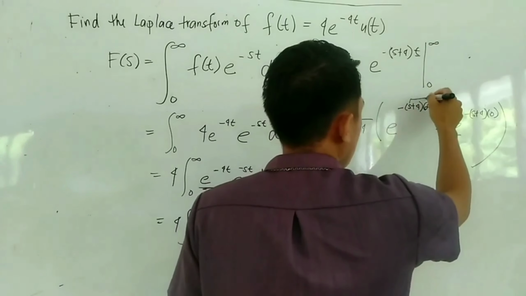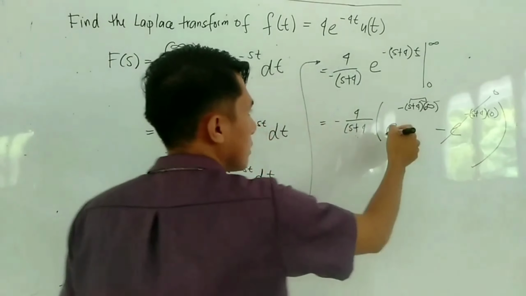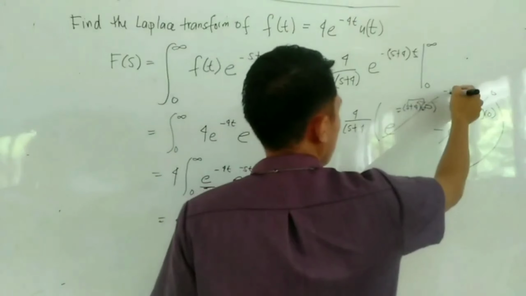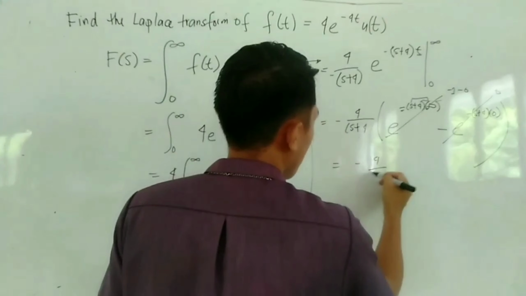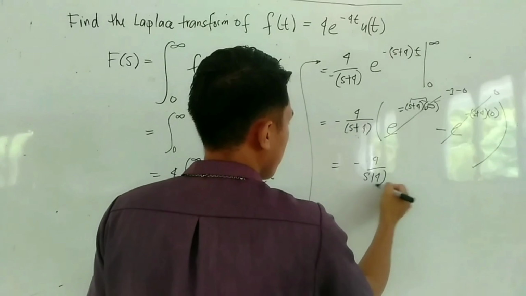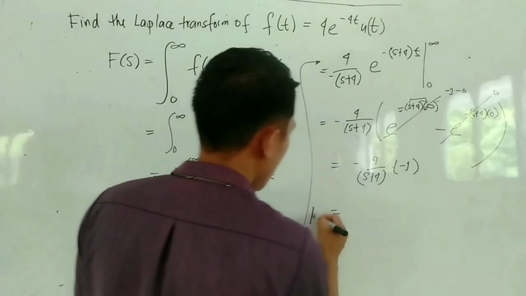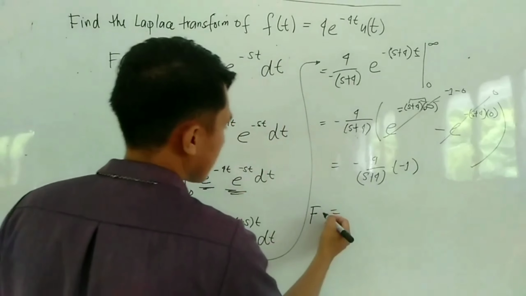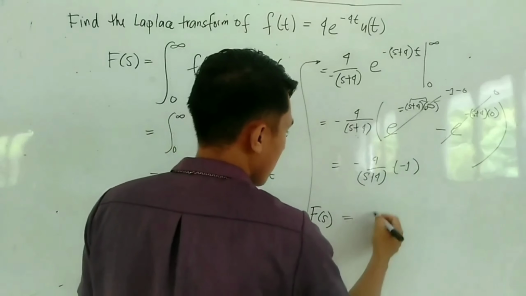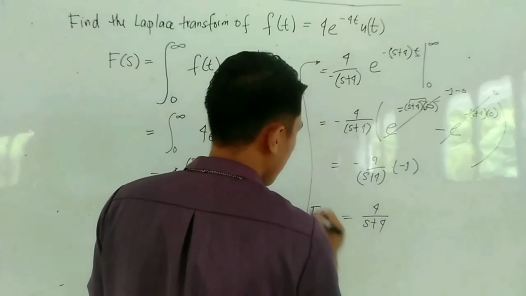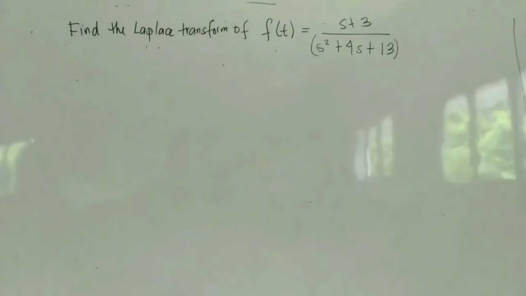So this one is negative 0, and this one is negative 1 minus 0. So that's negative 1. That is negative 4 over s plus 4 times negative 1, that's equal to our F of s. For the Laplace transform equivalent for this equation, we have 4 over s plus 4. This is our answer.